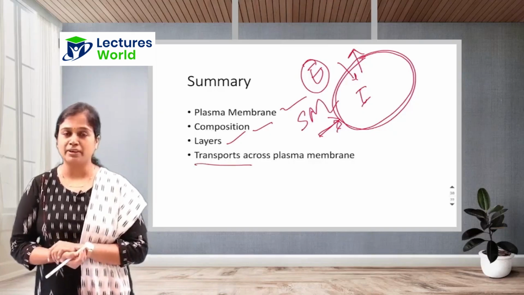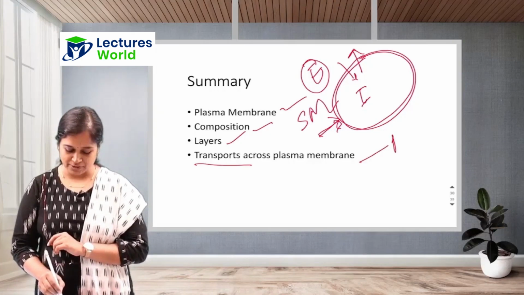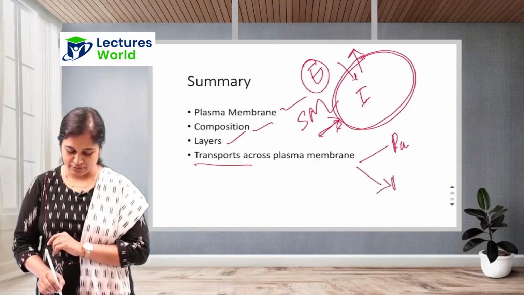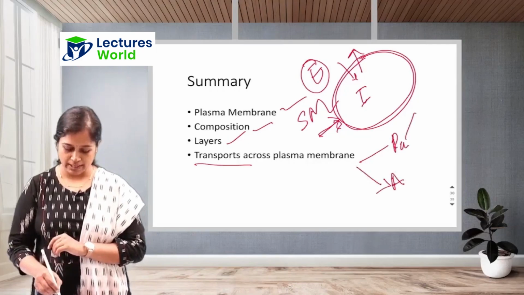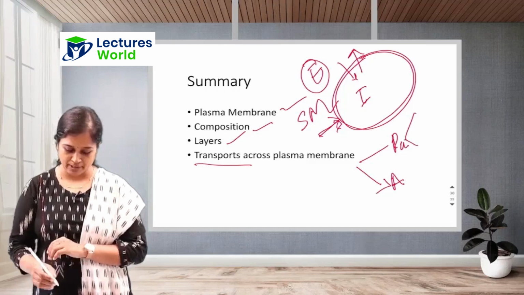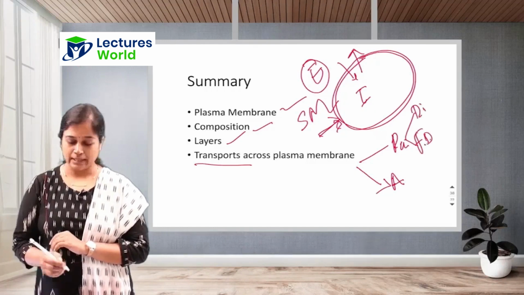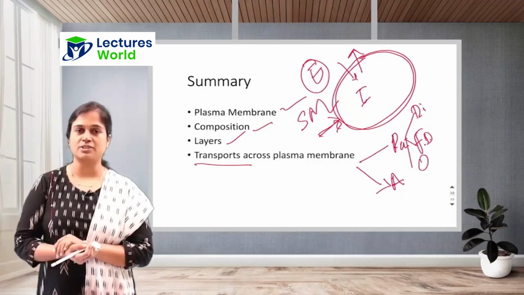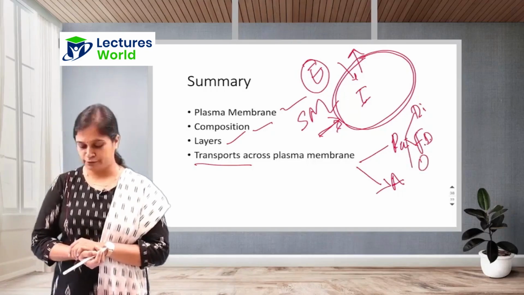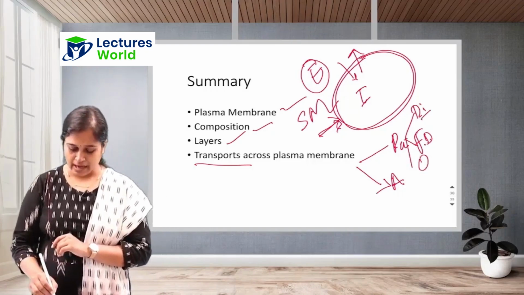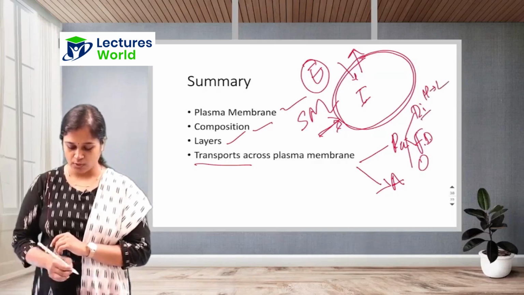We saw there are different transports. First is passive transport and active transport. Passive transport has two types, diffusion and facilitated diffusion, and the other type is osmosis, which is a special type of diffusion. So diffusion is from higher concentration to lower concentration.